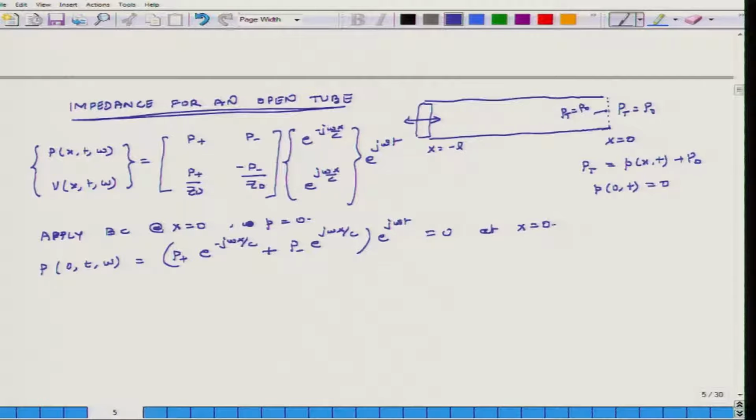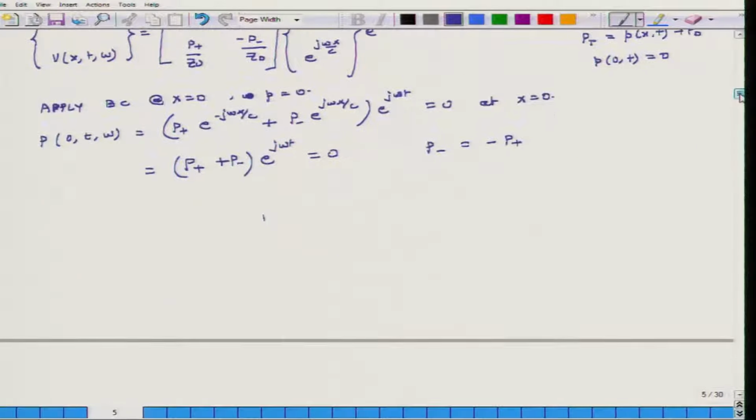So, why do we say that complex pressure is also 0? Because the actual pressure is 0, and the real part of complex pressure is the actual pressure. So, complex pressure also has to be 0. So, we put in x equal to 0 and we get P plus plus P minus, times e to the j omega t, equals 0, which means P negative equals minus P positive.